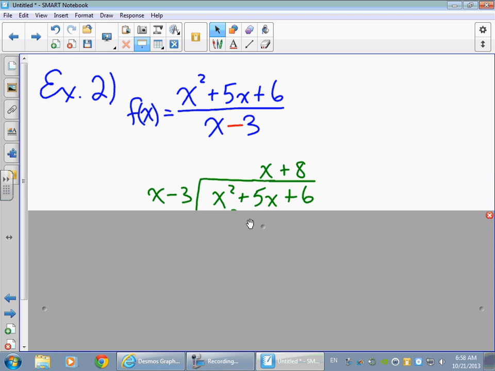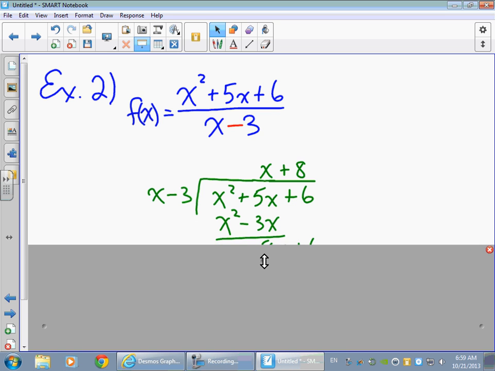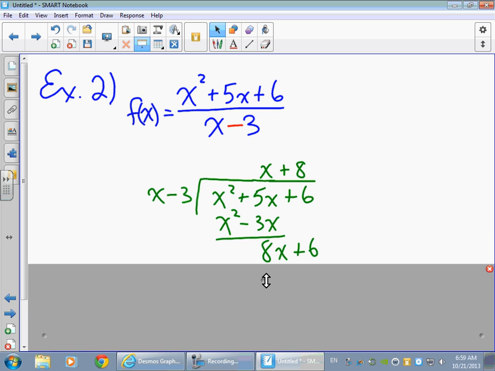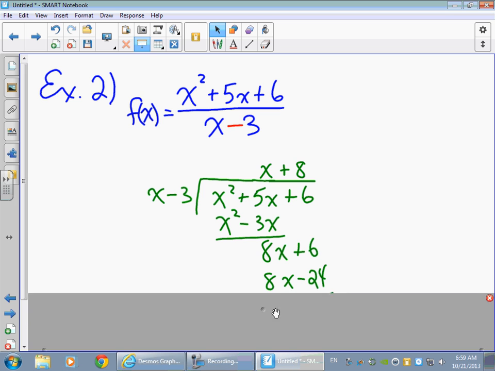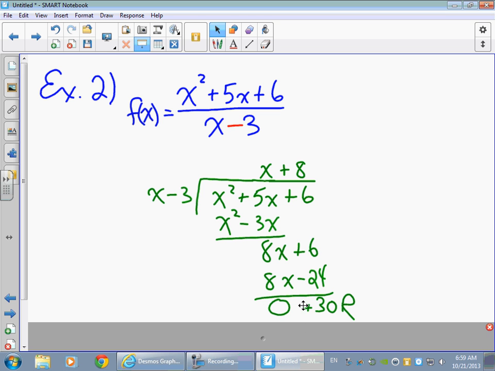If we actually do this division, same sort of idea. Last time I was factoring because I knew that the factors would cancel. But if I actually do the math here, which says divide the top by the bottom, when I simplify this, I get x plus 8 on top. I end up with a remainder, but that's really irrelevant.